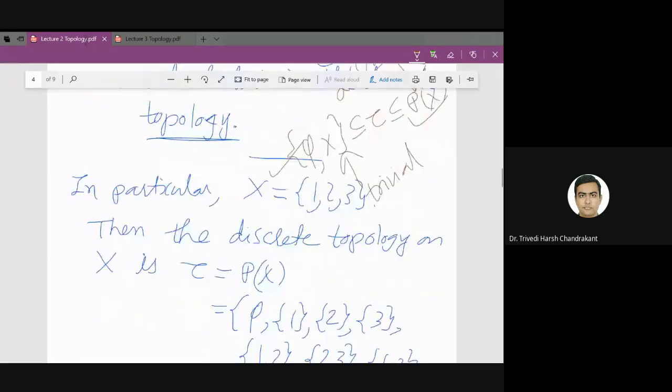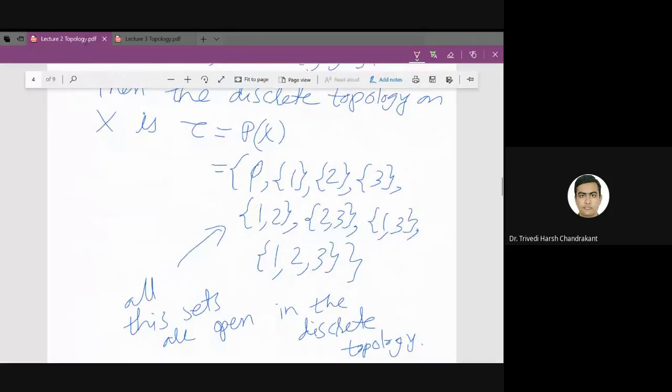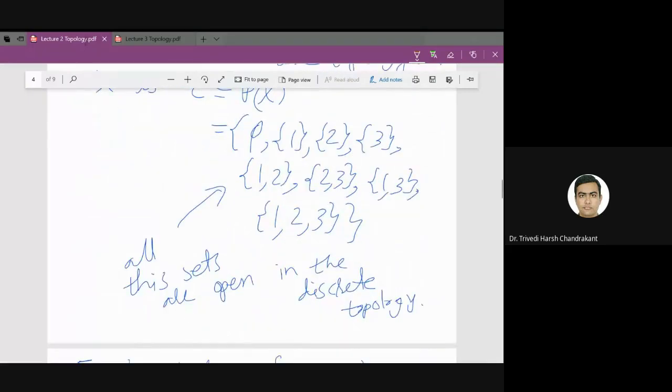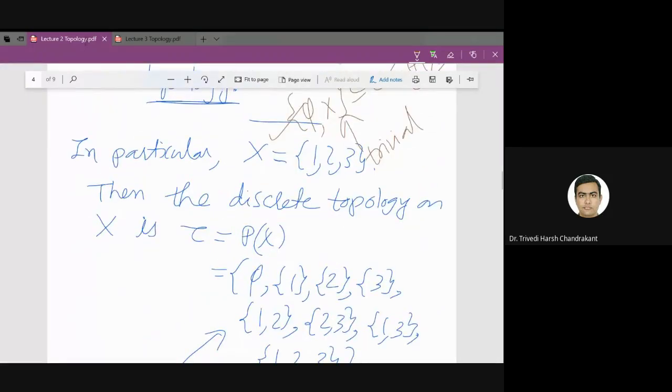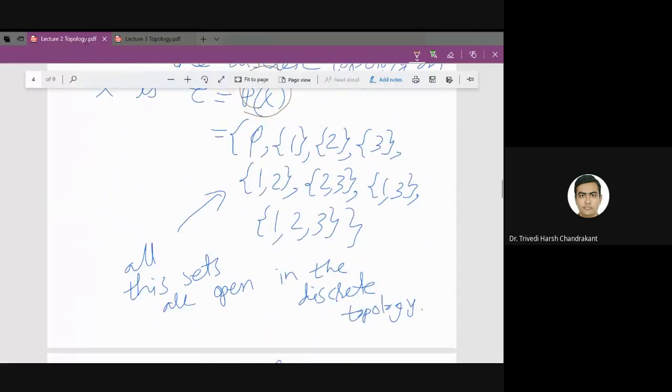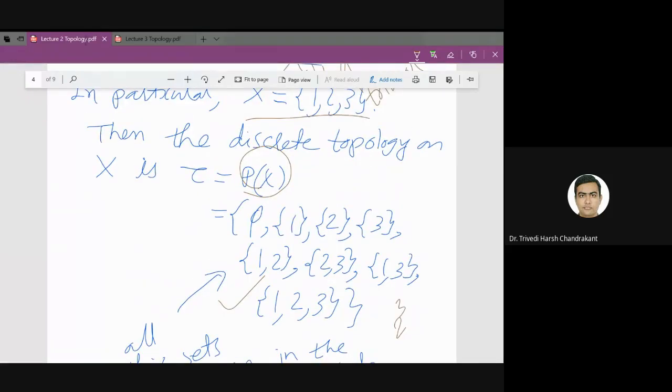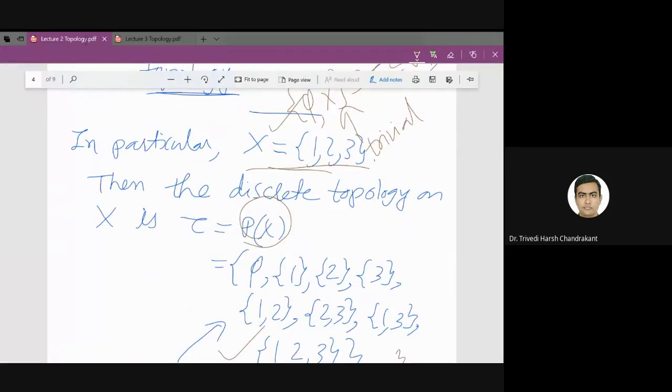In particular, we have discussed one example. If I take X equal to {1, 2, 3}, then power set of X contains 2 power 3 elements, that is 8 elements. So all these 8 elements are open whenever I consider discrete topology on this 3 element set.